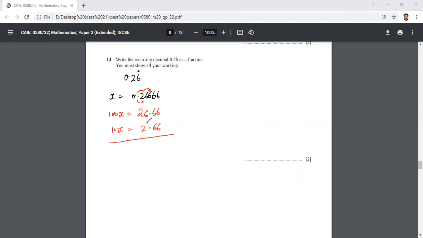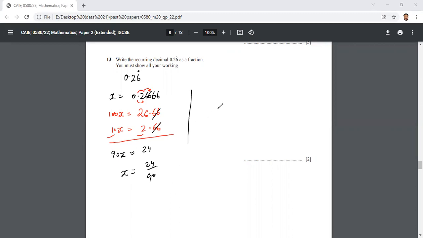And the fraction is such kind of that it must have the same answer what we have here. So let's see, if we subtract this one, we will have what? 100 minus 10, which gives us 90x. And here, of course, after point, we have same numbers, which cancel. And 26 minus 2 gives us 24. So we have x is equal to 24 over 90.